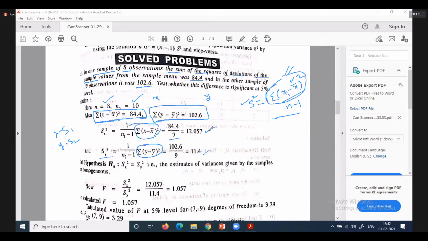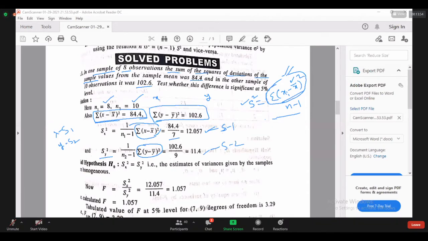The first random sample variance is greater than the second random sample variance.